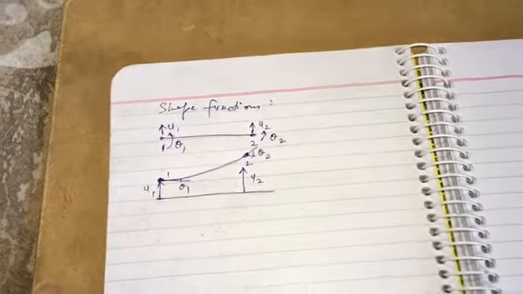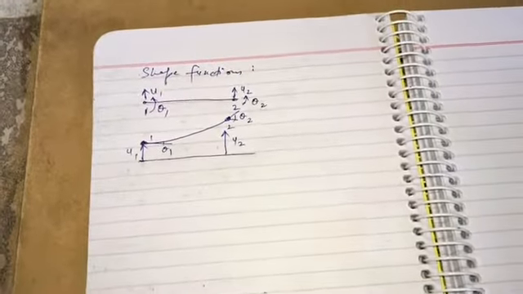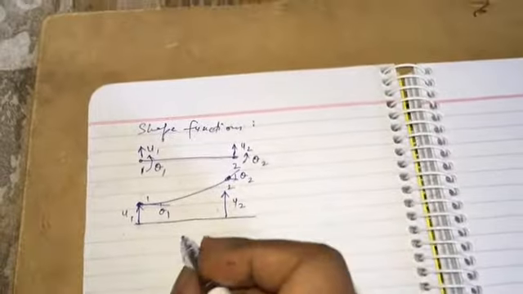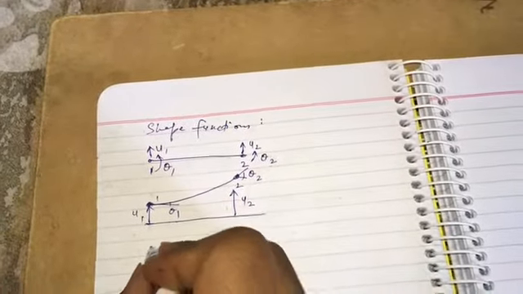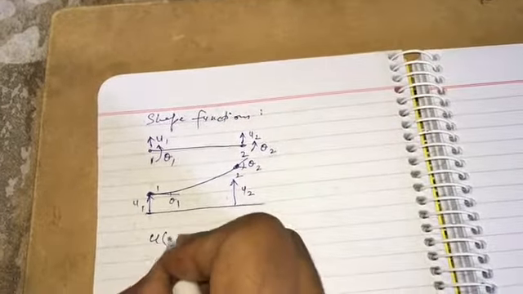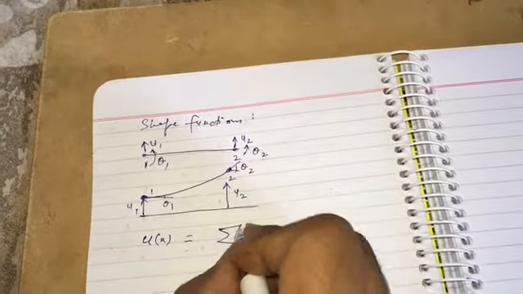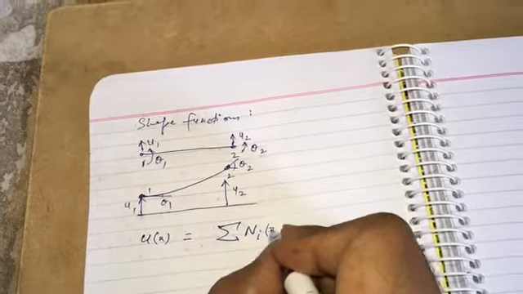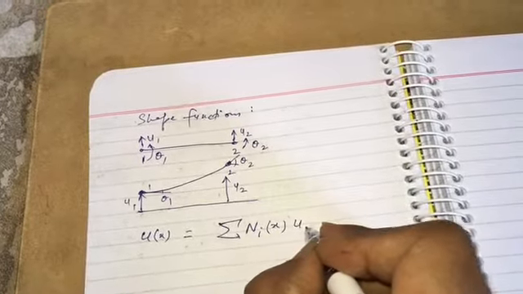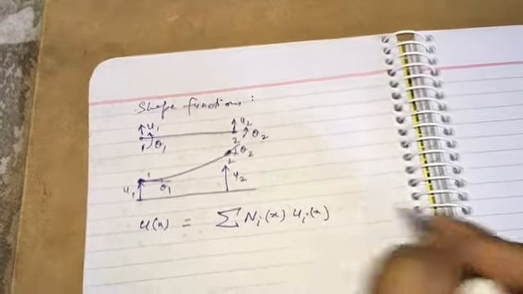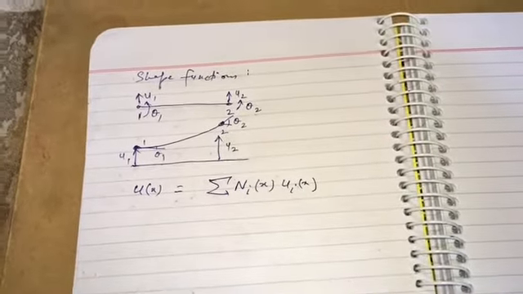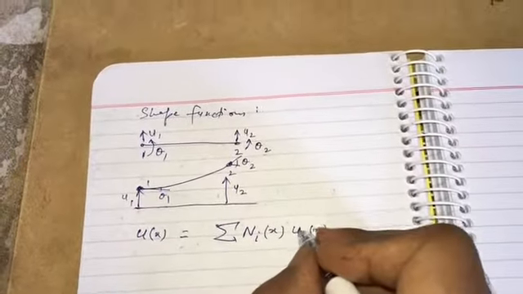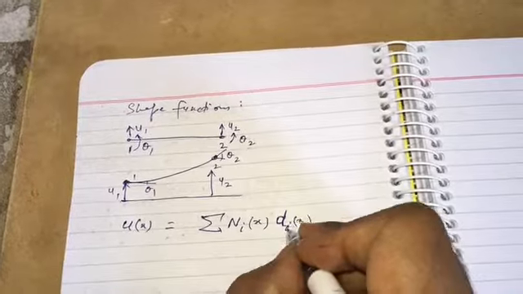The idea is that we have to write u(x) basically as a summation of N_i(x) u_i. Actually here, instead of writing u, let's call it a small d_i.